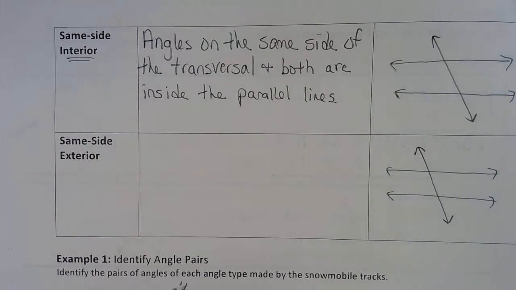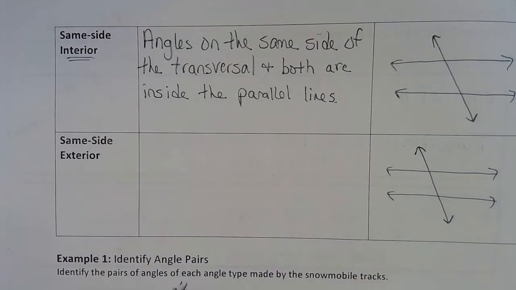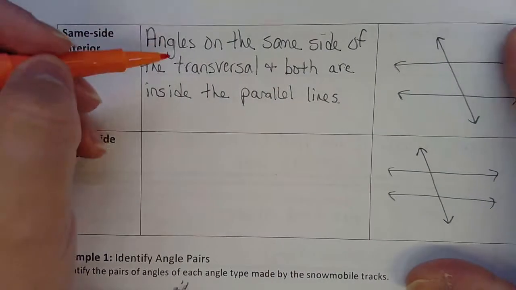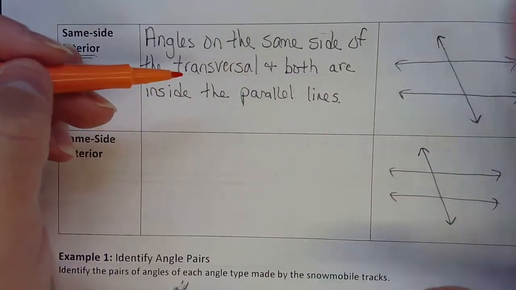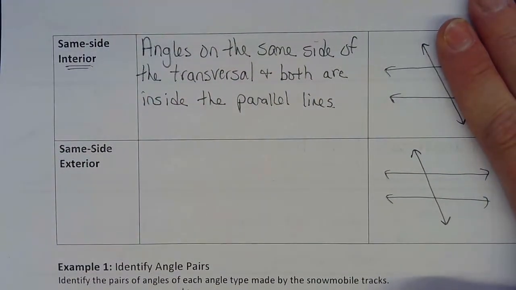They're two angles, because we're talking about a pair of angles, two angles on the same side of the transversal. So either both on the left of the transversal or both on the right of the transversal. And because it says interior, they are both inside the parallel lines. So if I'm doing angles on the same side of the transversal, let's just look at the left side.